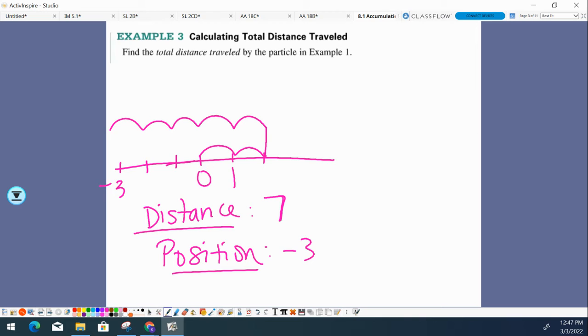So position we can get by taking 2 minus 5 to get our -3. But distance is 2 plus 5 to get our 7. So for distance, we want to calculate each piece separately. We have to calculate our positive motion differently from our negative motion.